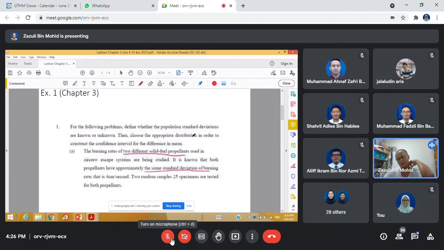Ini confidence interval bermaksud dia nak mean. Difference in means bermaksud ada mu1, mu2. Bila dia kata interval, then we have this mark lah.